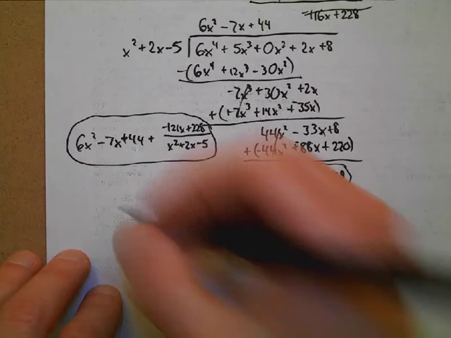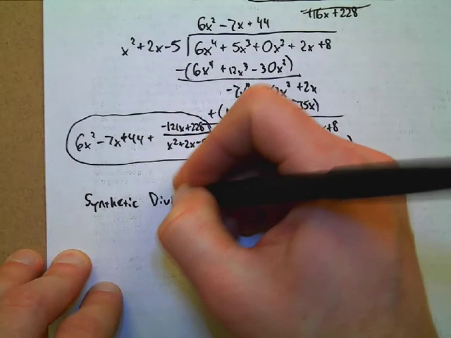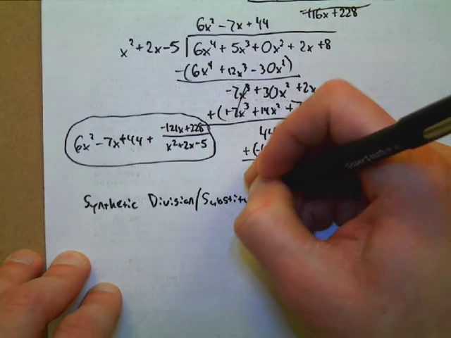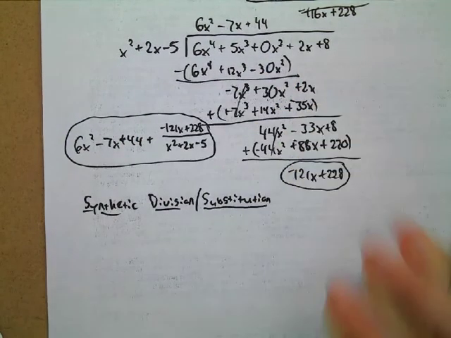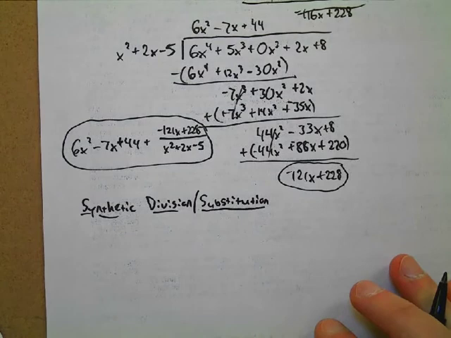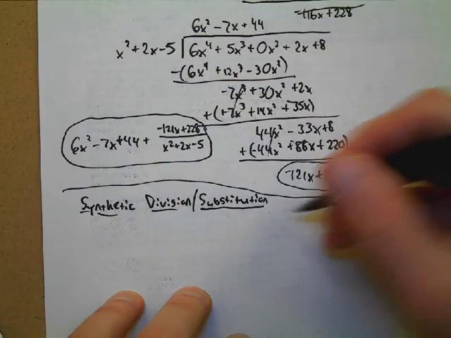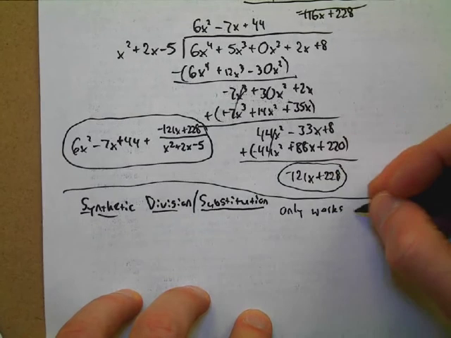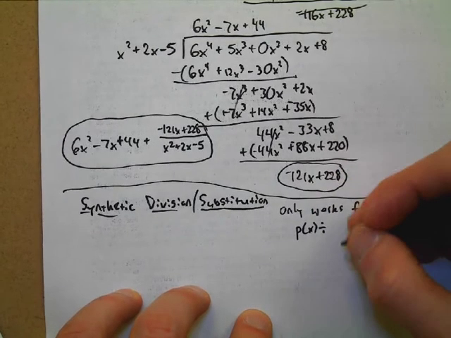So synthetic division only works for p of x divided by x minus a.